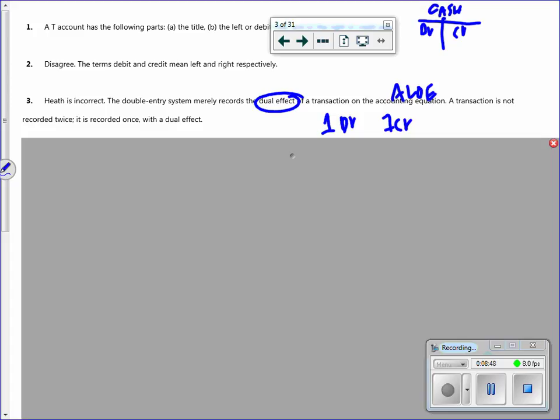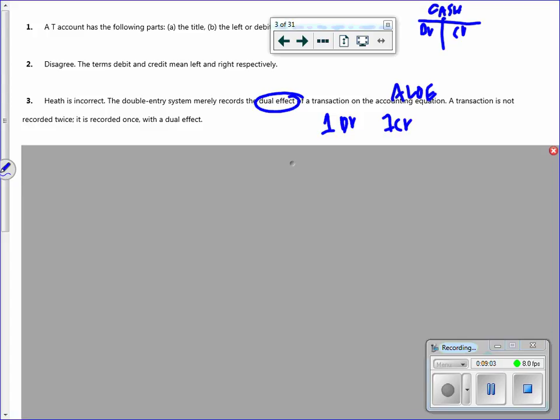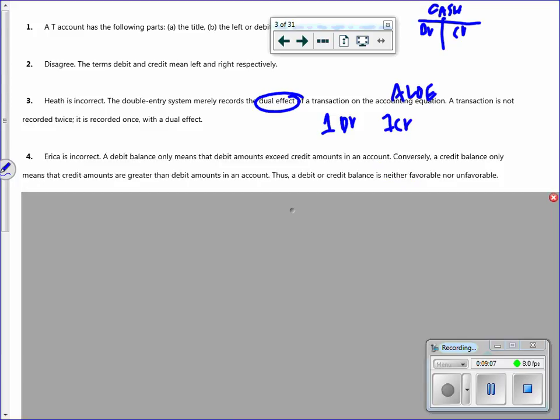Number 4, Erica Mendez, a beginning accounting student, believes that debit balances are favorable, so in other words, good, and credit balances are unfavorable. Is she correct? No. Now, if we were talking assets, sure, she's correct, but she's talking in general. Erica is incorrect.